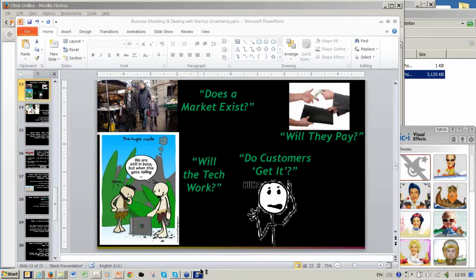But when you bootstrap, you're slower, right? You're way slower because you cannot have two coders, maybe you only have one. When would you advise the team to take an investment?